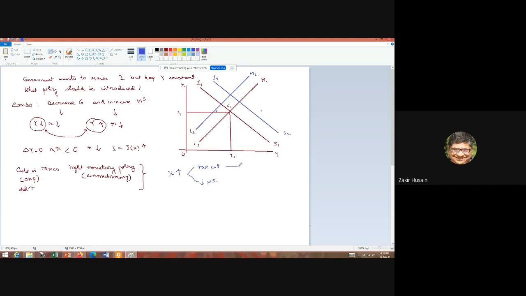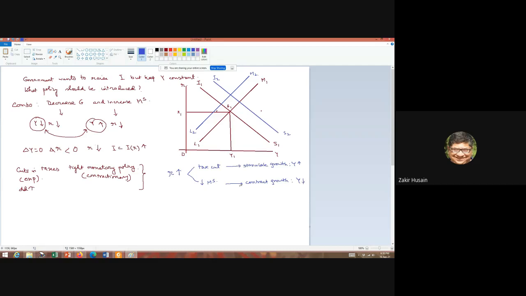Now the tax cut is going to stimulate growth, so Y is supposed to go up. But the reduction in money supply will contract the growth process. So Y will fall.